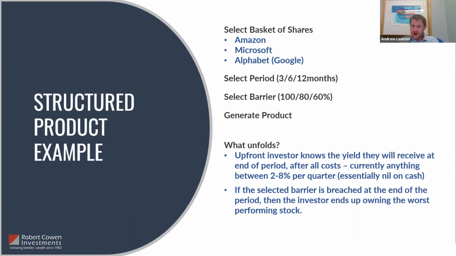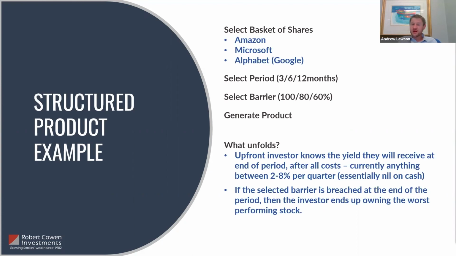You can also do this by borrowing money against your existing share portfolio. So borrowing money offshore at the moment, you're going to be paying about 1%. So if you can, without having to sell anything or realize any gains on an existing portfolio, fund something like this, you can borrow from your existing portfolio at about 1%, and you can earn a yield well in excess of that after all costs.